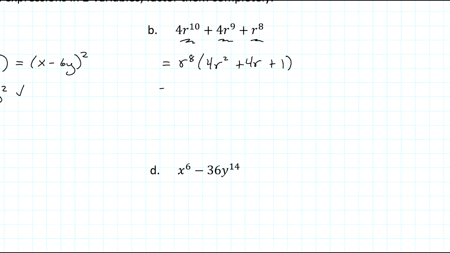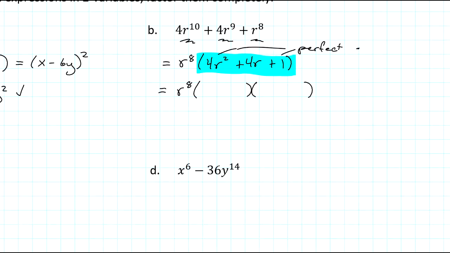Okay, and then I want to say, can I go any further, or am I done? Is that prime? Well, let's take a look. If that was the problem and we had nothing else, if we were just focusing in on the 4r squared plus 4r plus 1 and said, can I factor that? I would try opening up a couple of sets of parentheses, and I would note the perfect squares on the ends.